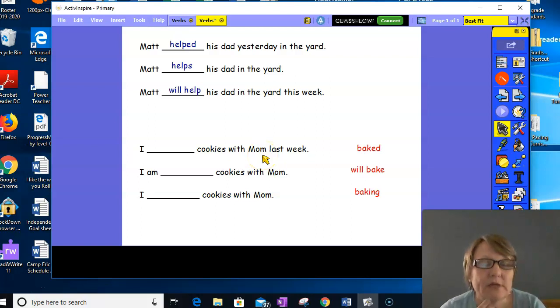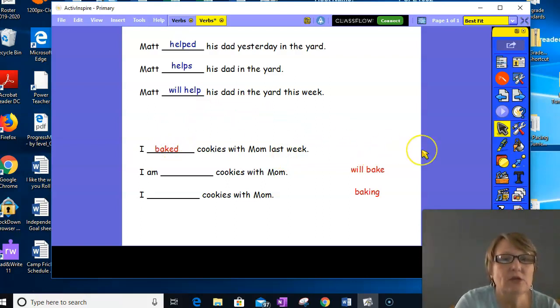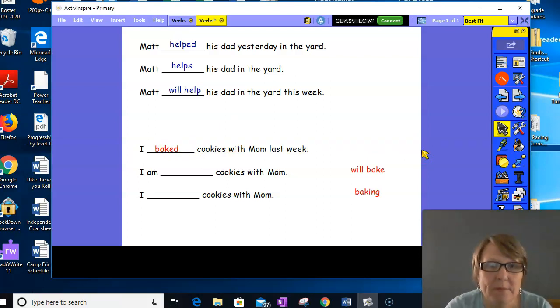Do any of you see a clue in the sentence that'll tell you if it is in the past, if it's happening right now, or if it's in the future? Last week, that's right. That shows past tense. So the baked goes in that sentence. I baked cookies with Mom last week.